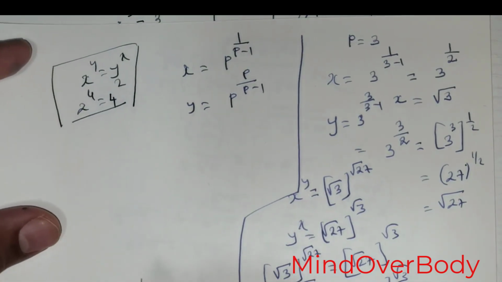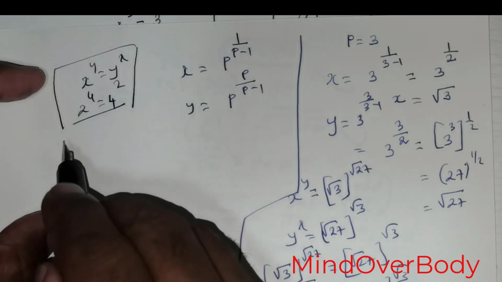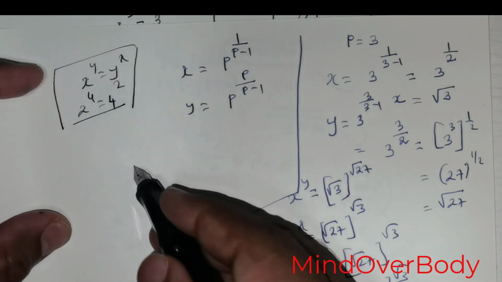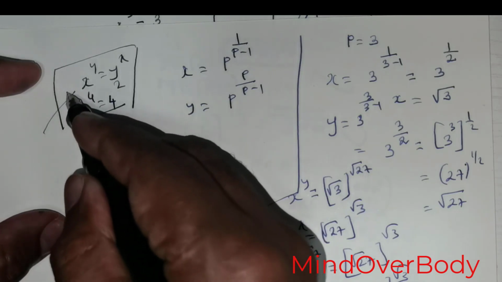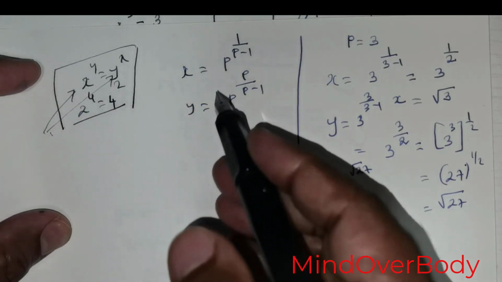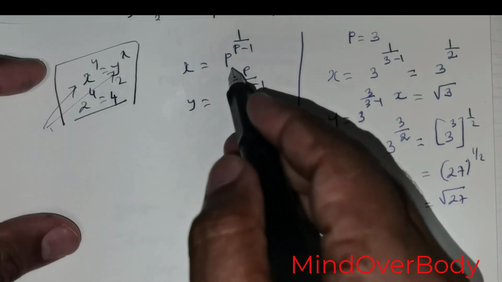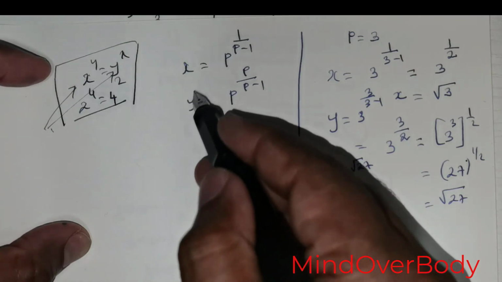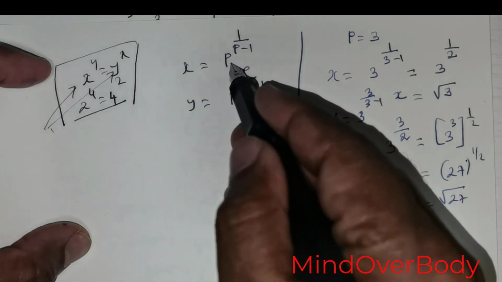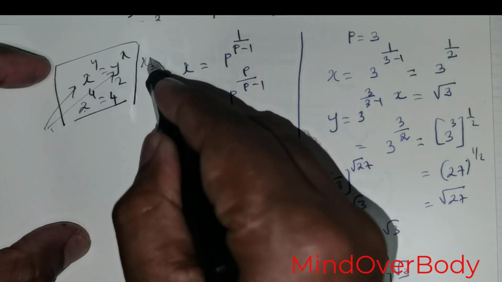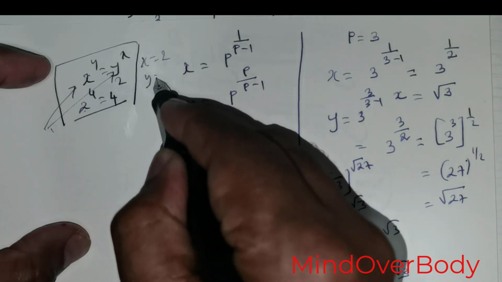Now the question is, if I were able to make a choice by trial and error, and I decipher the value for x and the value for y, how am I to zero in on the value of p? In other words, how am I to figure out the value of p that produces x equal to 2 and y equal to 4?